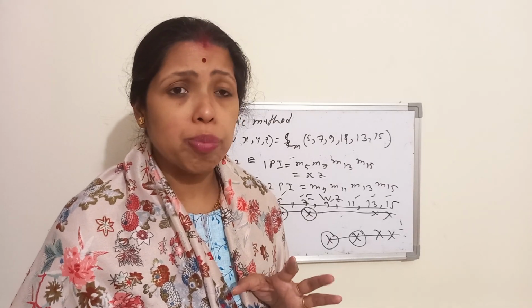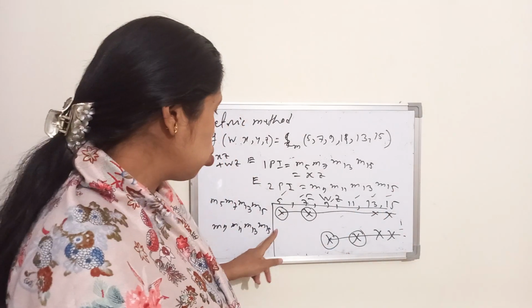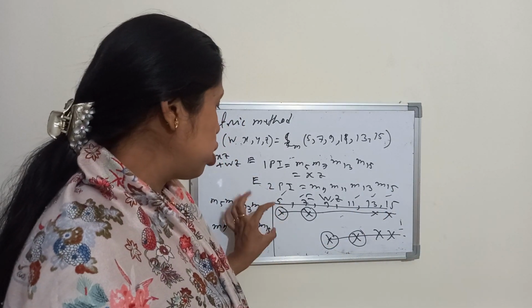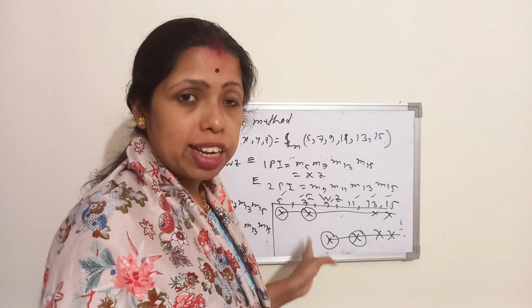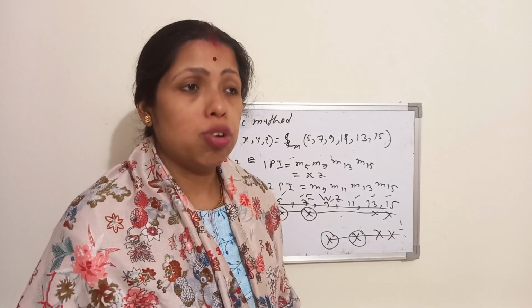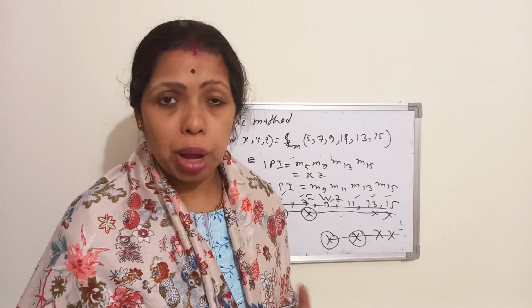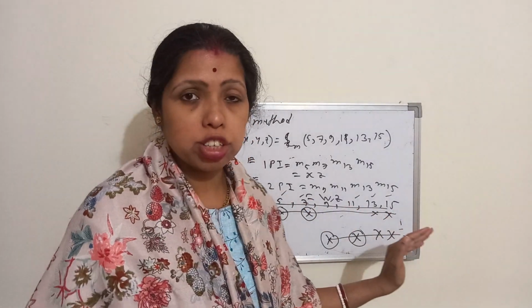I can calculate by doing something, but that is difficult. So if I see in a chart no single x is there, then I cannot easily calculate which is my essential prime implicant. I cannot use this procedure of circling and drawing the horizontal line.